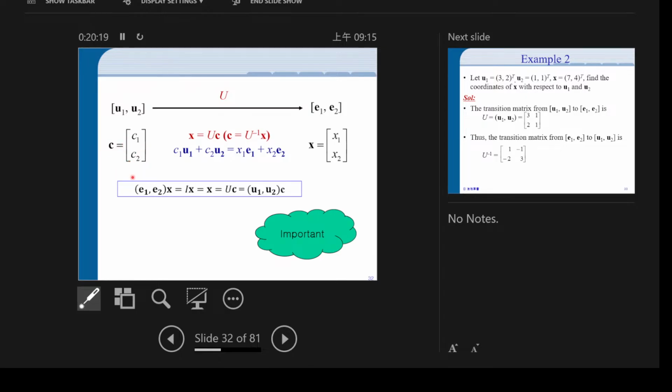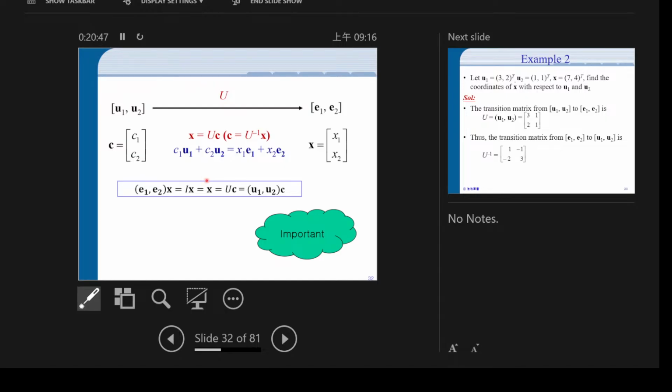So we have c equal to c1, c2, and those are the coordinates for u, and x equal to x1, x2 is the coordinates for the standard basis, and we have x equal to Uc, and so U is a transition matrix from c to the standard basis. Okay. And also we have U minus 1 being the transition matrix from e1, e2 to u1, u2.